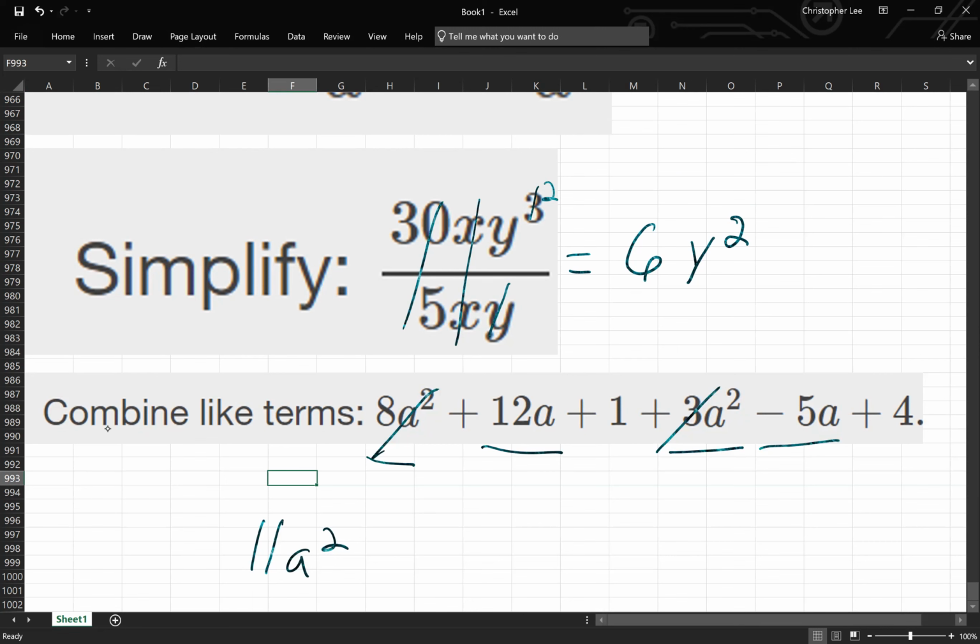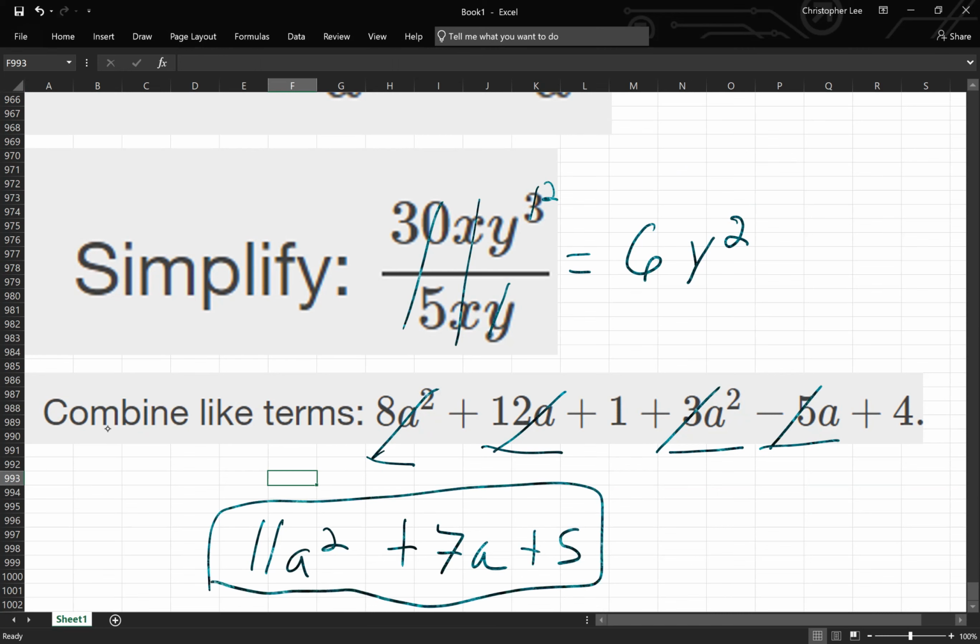It's going to give me what? Positive 7a. And then last but not least, 1 plus 4 plus 5. All we're doing here is just combining like terms. We're just adding.